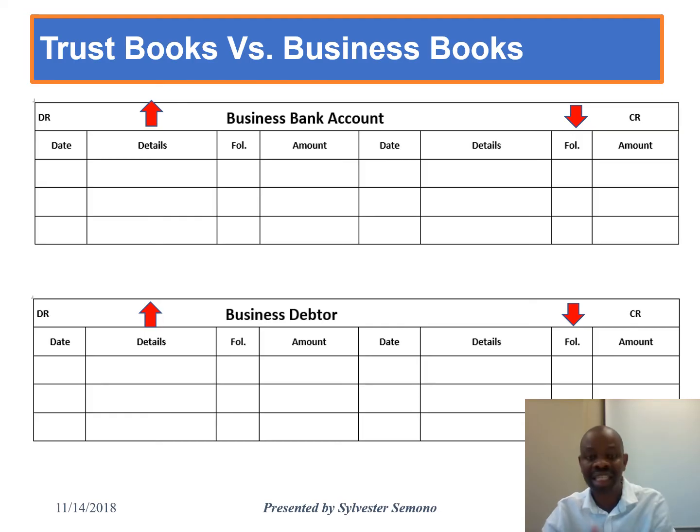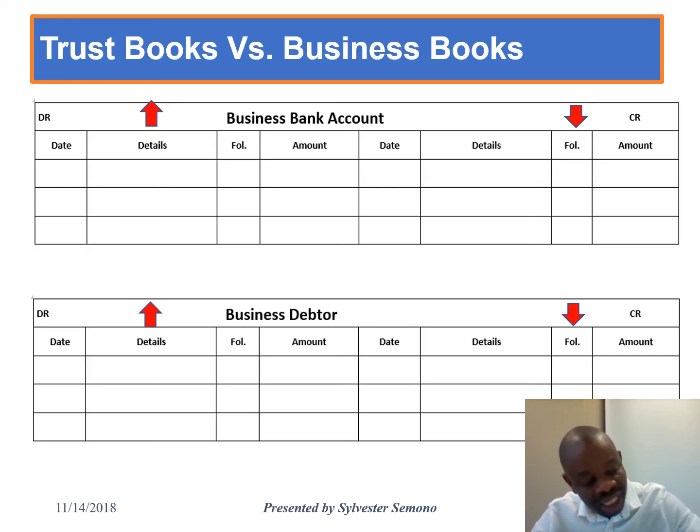That's why the trust creditor's amount will be reflected on the credit side, and the trust bank account will be on the debit side. Thereafter, after rendering the service, in other words, we need to transfer the money from the trust bank account to the business bank account. So we need to make sure that we affect the trust bank account on the credit side. We take money, and this money is taken to what? To the business bank account.